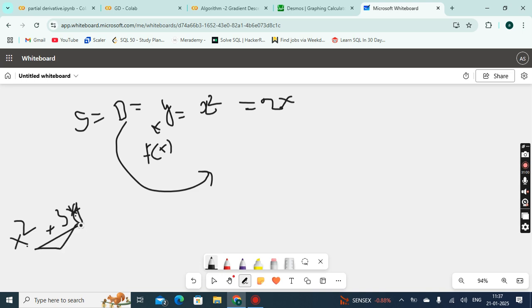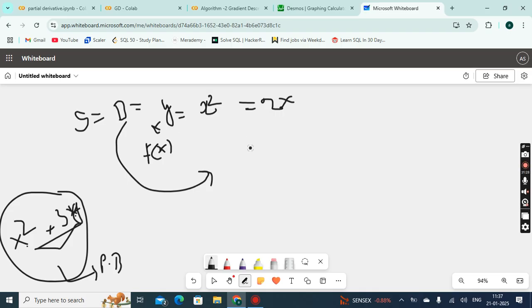This becomes a double-variable function, so you cannot use the same formula we will be discussing right now. Here you have to solve using the partial derivative method, PD, and that we will also see after a couple of minutes. Okay, so let's come back to y equals x square.